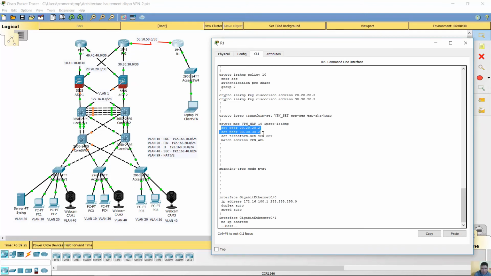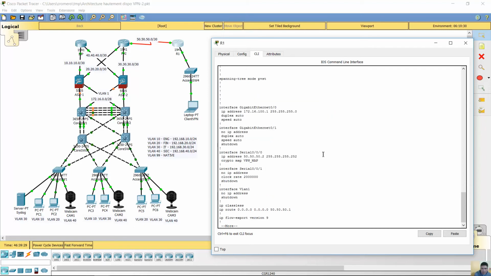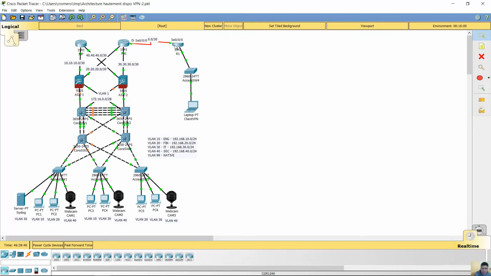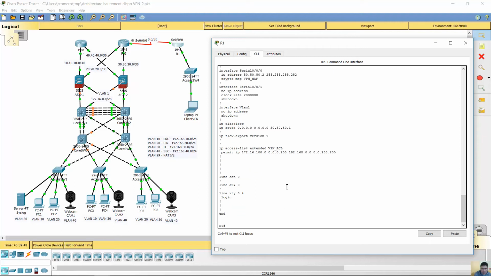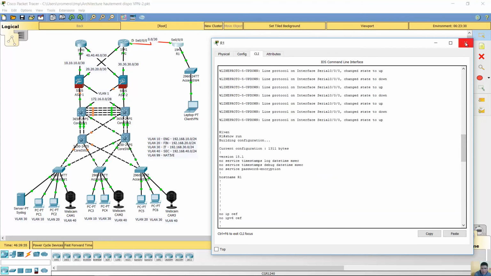Then the IP address for the local network, the IP address for the WAN, and the VPN on this interface, the static route to reach the internet, to reach the main network, and the access list for the VPN, and that's all.